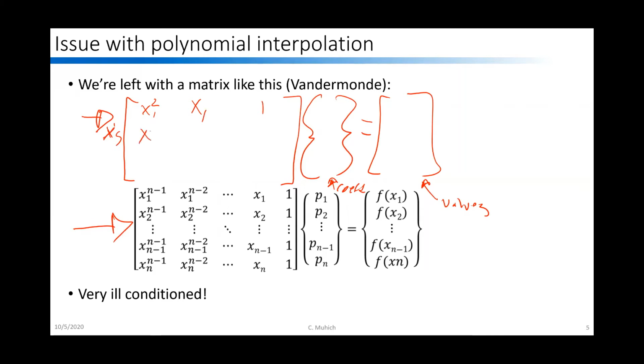And then same thing, x squared of data point 2, x2, 1, x squared of data point 3, x3, and 1. And then the coefficients, say P1 for polynomial coefficient 1, 2, and 3 of our system.